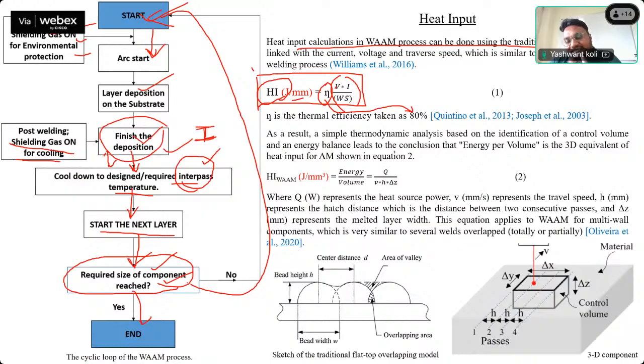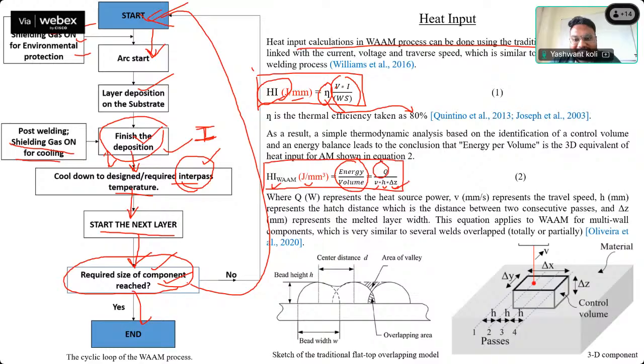So, if we are fabricating a 3D component like multi-wall, multi-track systems, then we assume a volumetric efficiency. So, volumetric heat input. The heat input of AM is in joules per mm cube. That is energy by volume, that is energy over H into delta Z. Delta Z is the height between the consecutive two passes.